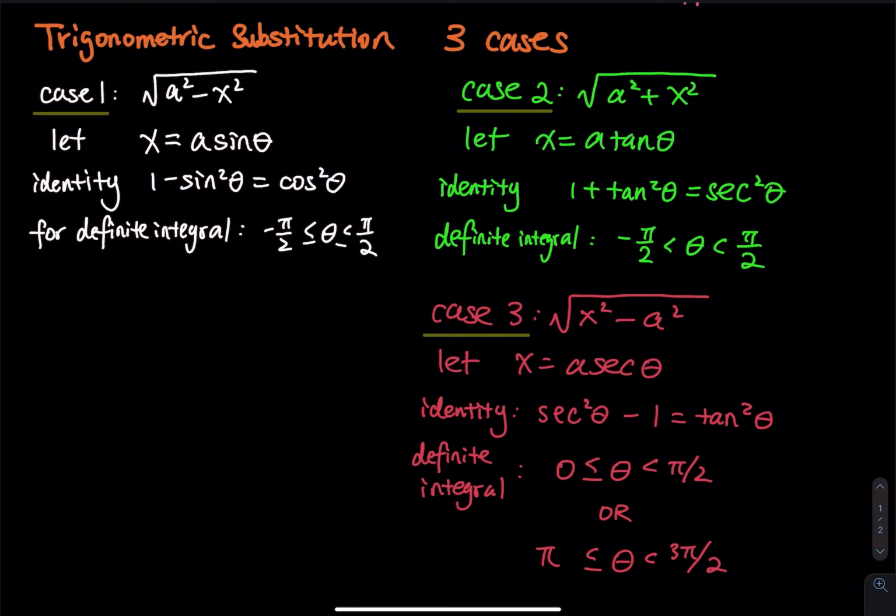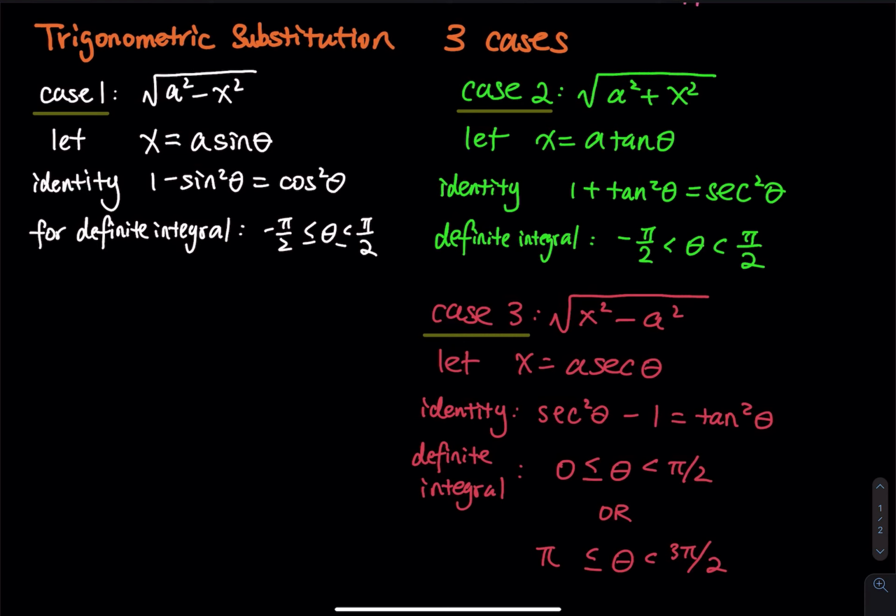This identity is for you to do some rewriting in the integrand. It doesn't matter which case you encounter: every time you have to do a trigonometric substitution, most likely, like 99.9% of the time, there is no sine, cosine, or tangent in the integrand.